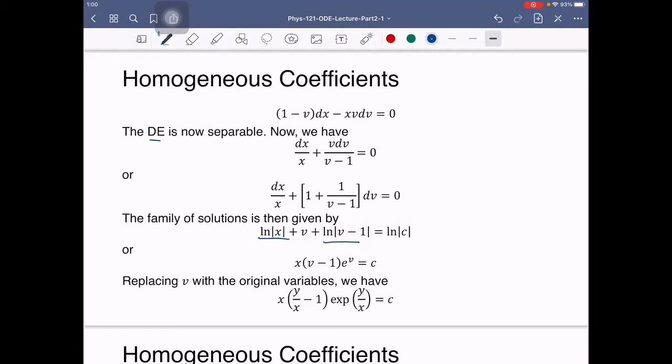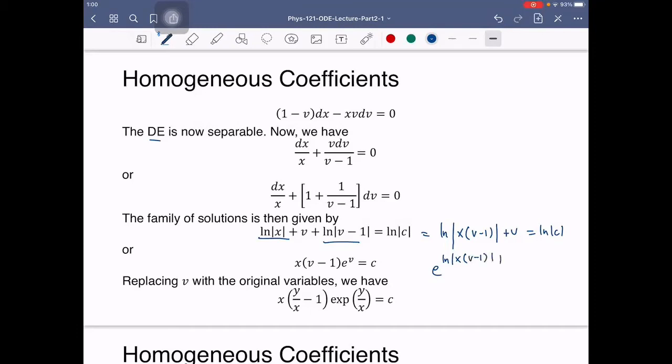So, pwede natin isulat na ln of absolute value of x times v minus 1, okay, plus v is equal to ln c. Ayan. And now we can just use them as an exponent. Sorry, it should be v.